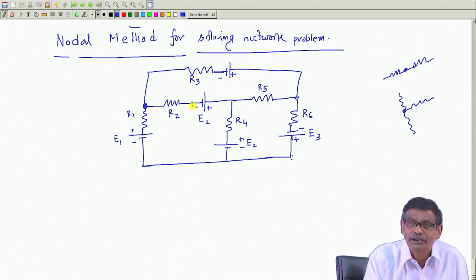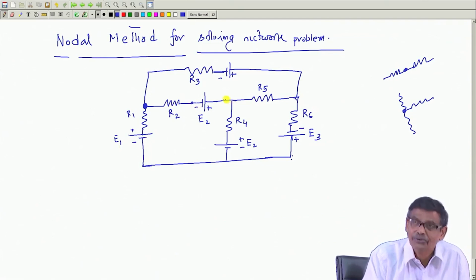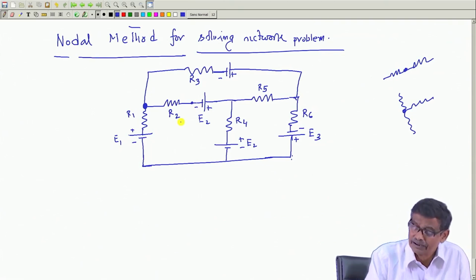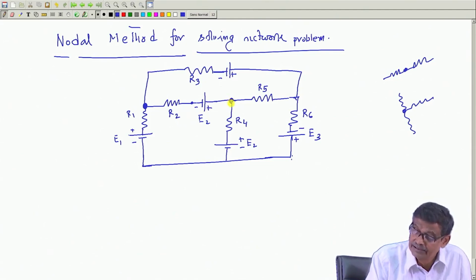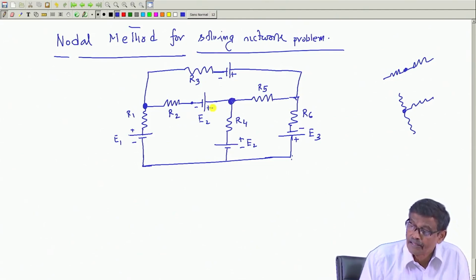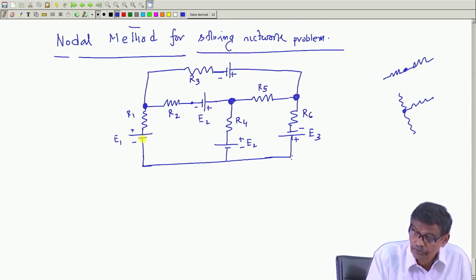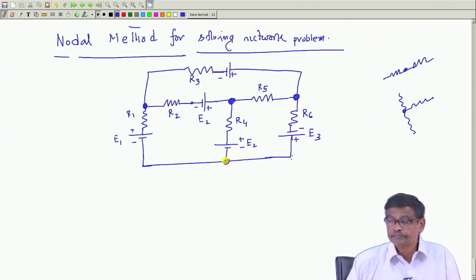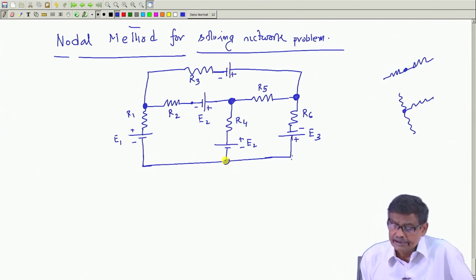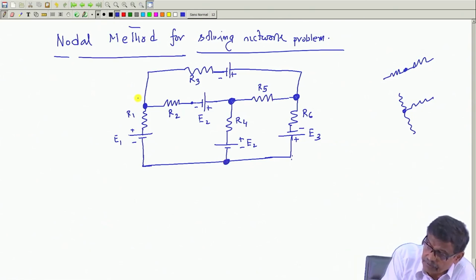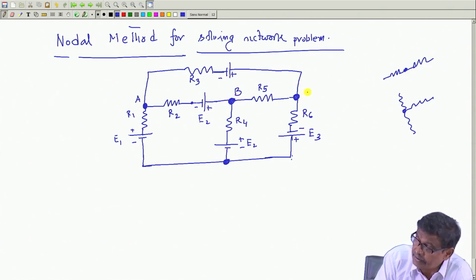This I am not going to call a node, although it can be called loosely, and this is another node and this is another node, and of course, this becomes another node. And name the nodes, for example, call it A, B, C, and let us call this to be O.